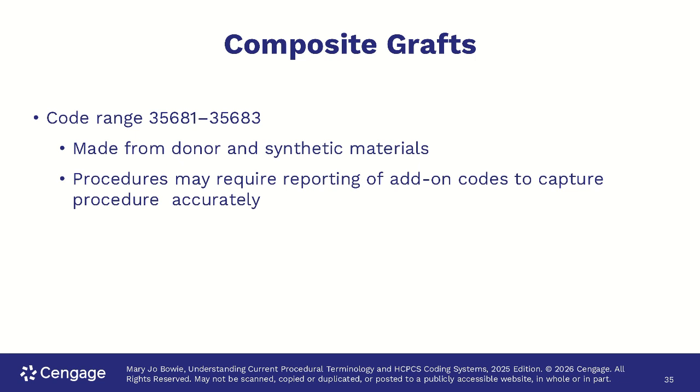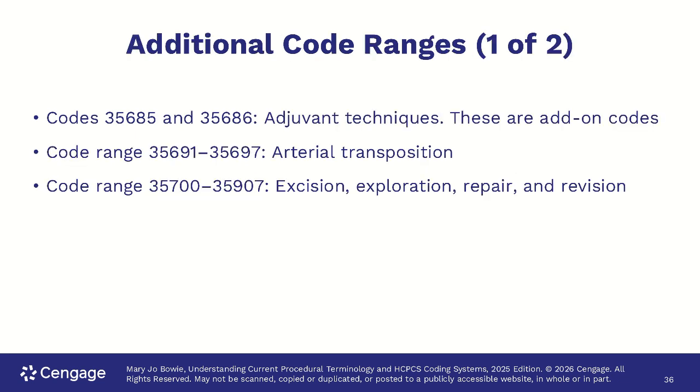All right, composite grafts. These are grafts that are made from donor and synthetic materials. These are some more add-on codes that are used in conjunction with other procedures. And a lot of times this is needed to capture the procedure accurately.